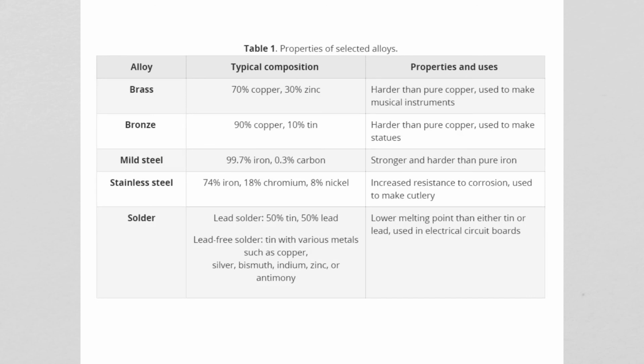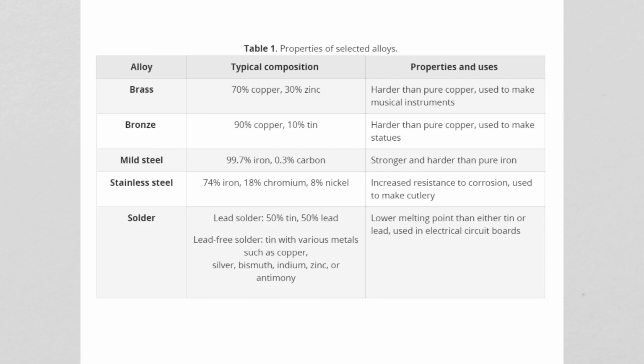And this table from our textbook shows some properties of some selected alloys. You don't need to memorize them, but I just thought it was interesting to take a look at. Brass is a mixture of 70% copper and 30% zinc. So it's harder than pure copper, and we use brass to make musical instruments and other things, but that's one use for them.